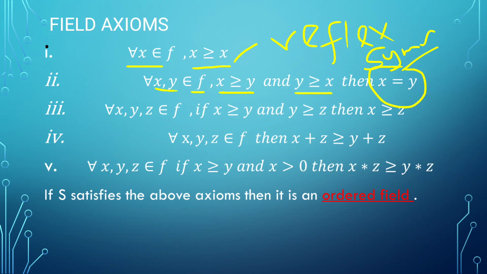Again, if we have x being greater or equal to y and y being greater or equal to z, then this relationship implies that x is greater or equal to z, and this kind of law we call the transitive law.